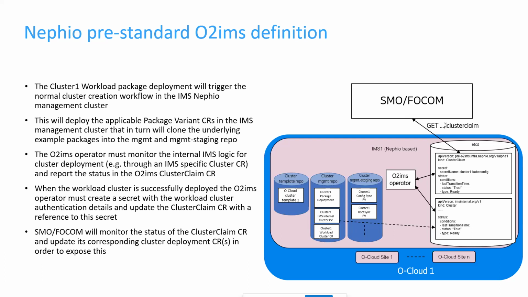Then as the spec matures or as we mature our implementation in Nefio, we can move along, add more functionality and move away from that watch if we believe we should. I'm suggesting this as well because it would mean we will have to implement the watch in the IMS operator for FOCOM to be able to leverage it. But I see this as the less intrusive way to implement without creating too many requirements on the side.